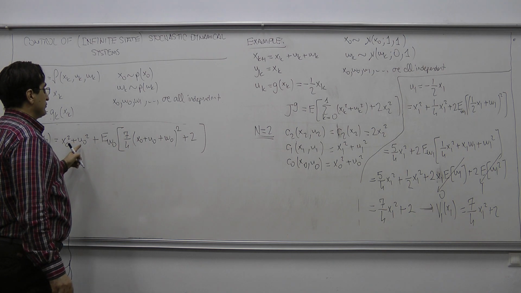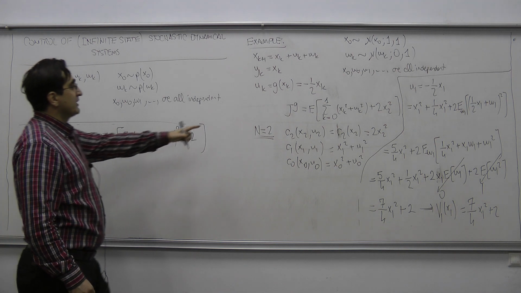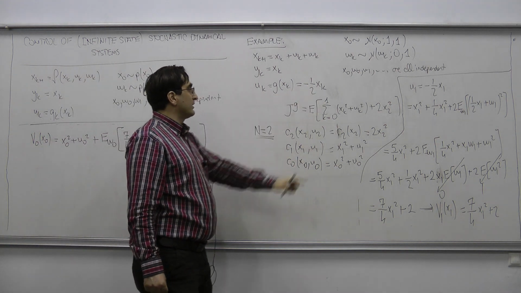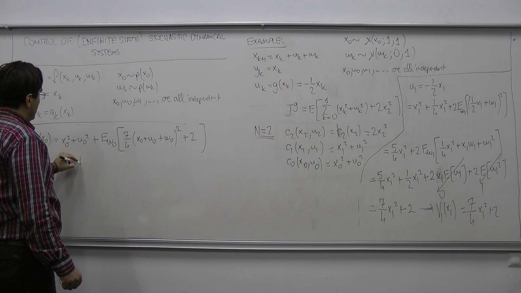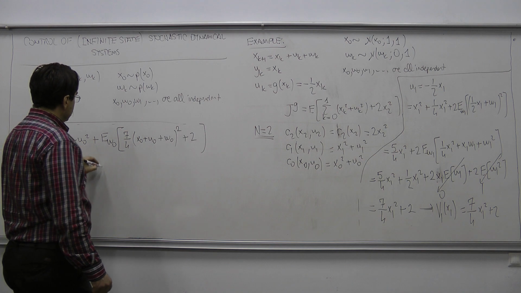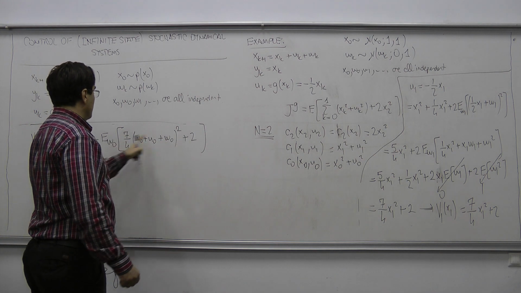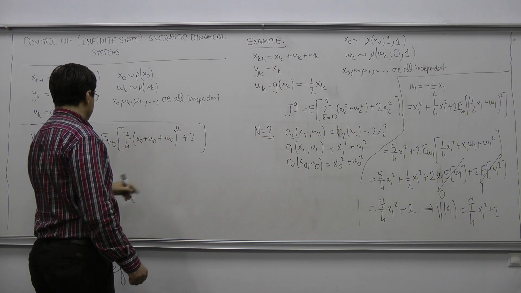So now let us use our U0 formula here. U0 is given by minus 1 over 2 x0. That is going to mean x0 squared plus 1 over 4 x0 squared plus the expectation. So let me distribute this expectation with respect to this summation inside.